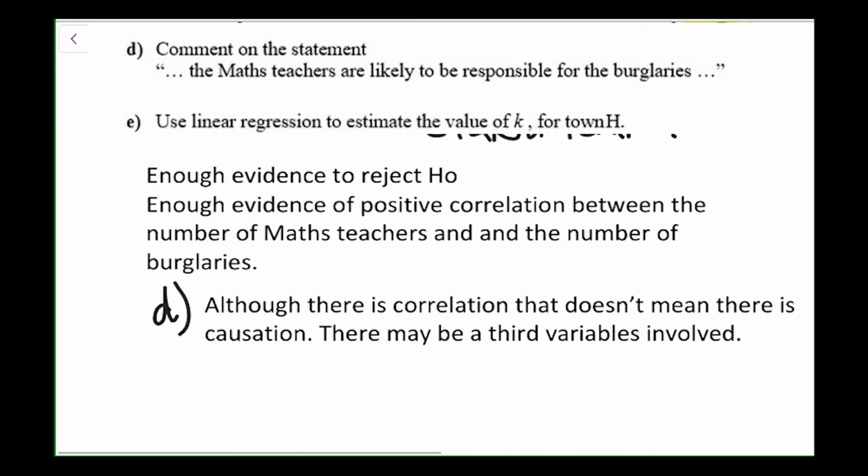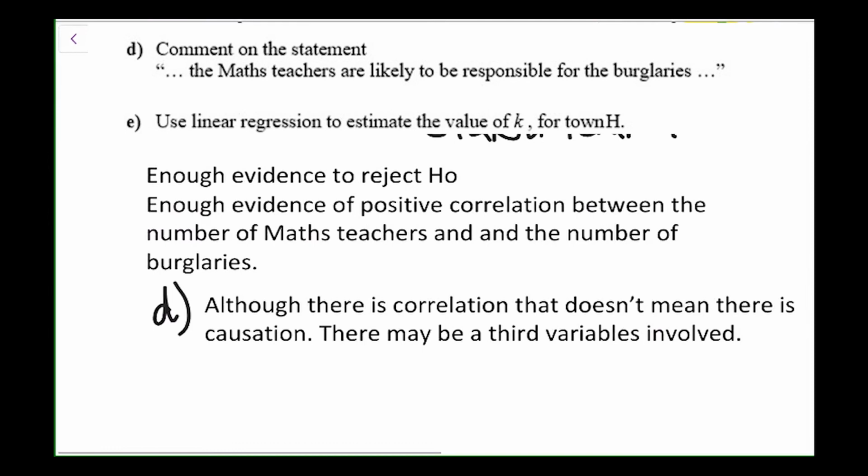It does not mean the maths teachers are committing the burglaries. There will also be more branches of Starbucks. It doesn't mean that Starbucks is causing the burglaries or that maths teachers are attracted to the town because of the Starbucks. There will also be more gyms in this town. It doesn't mean that gyms are built because there's more maths teachers. It doesn't mean that people who go to the gym are committing these burglaries.